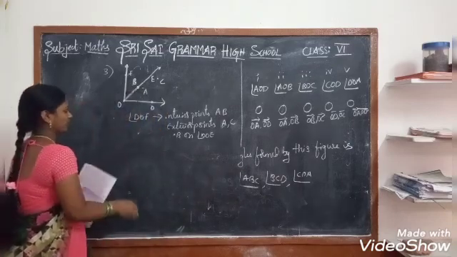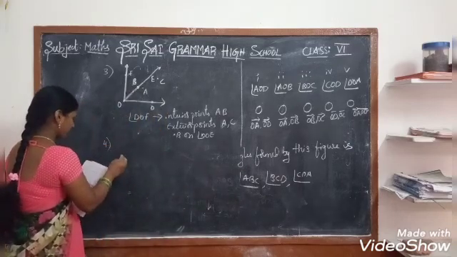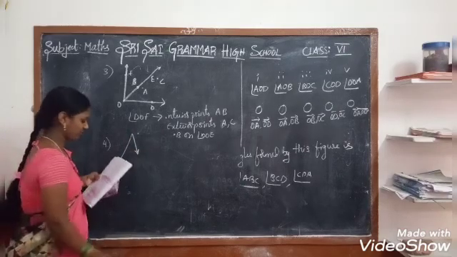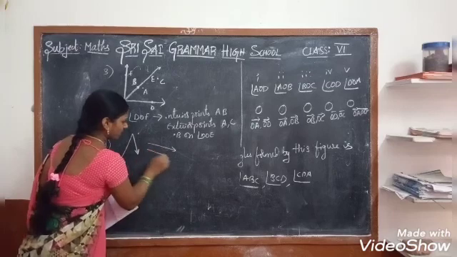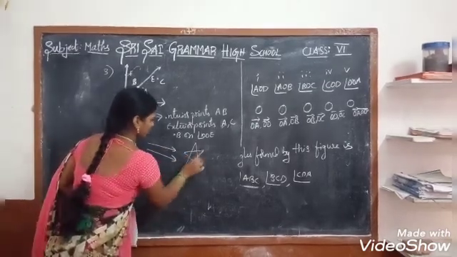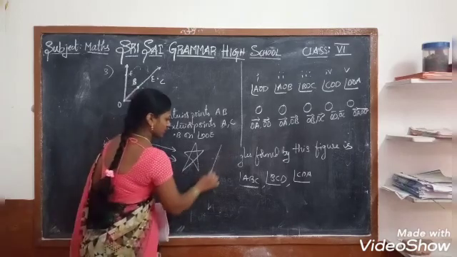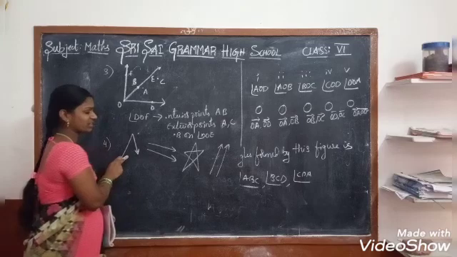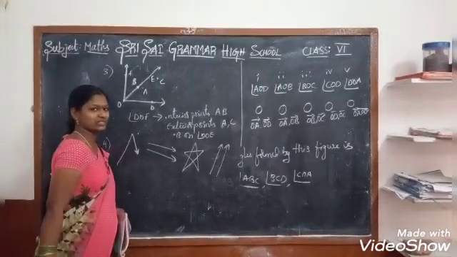Now here, they have given some of the figures. From that, we have to mark on the figure. They have given two parallel lines to raise one angle and also one star.